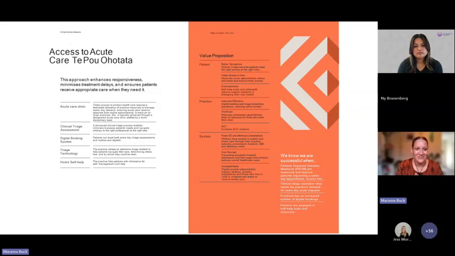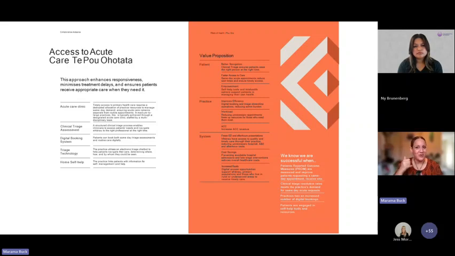So self-help at home. Triage technology, so using different tools or resources, digital ways of triaging people to ensure that they get the care that they need at the right time. Digital booking systems, so we know still that some of the practices across Aotearoa don't have a way for whānau and patients to book online.